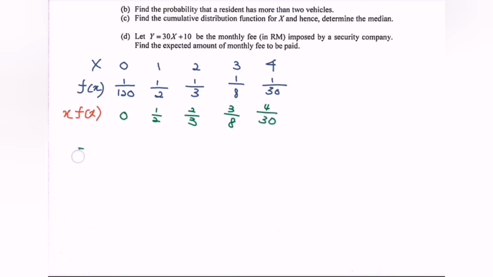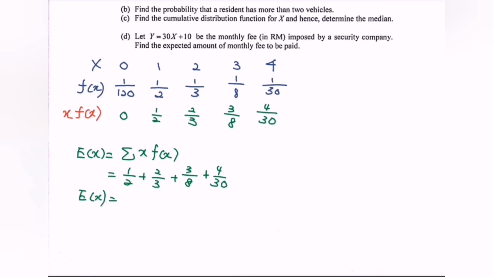So the summation for x multiplied with the fx is 1 over 2 plus 2 over 3 plus 3 over 8 plus 4 over 30. So the expected value, EX, will be equal to 67 over 40, or 1.675.